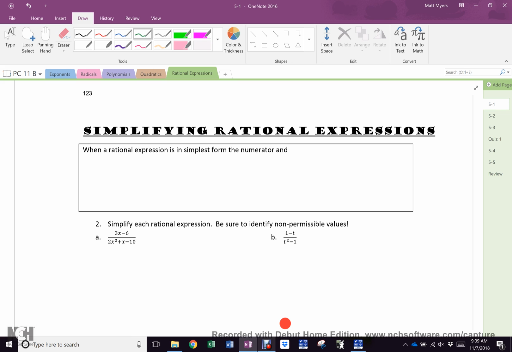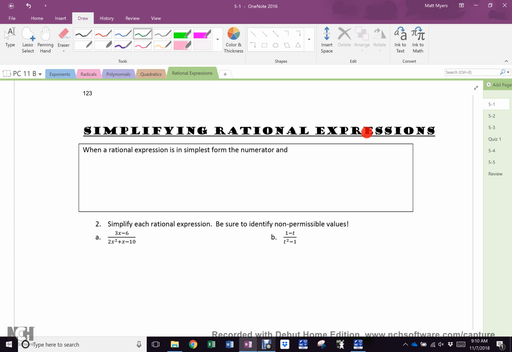Is everybody cool? All right, so simplifying rational expressions. What is a rational expression? You learned it 2 minutes ago. What is it? A division of two or more polynomials, yes? Which means they are what other word that makes you quiver and hide? They are fractions.